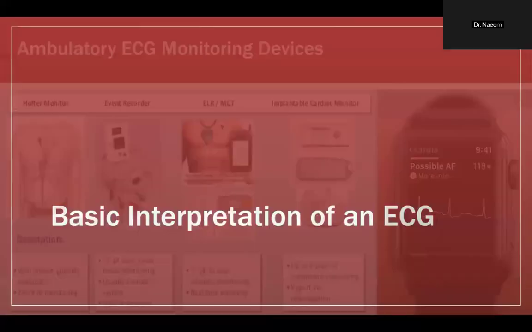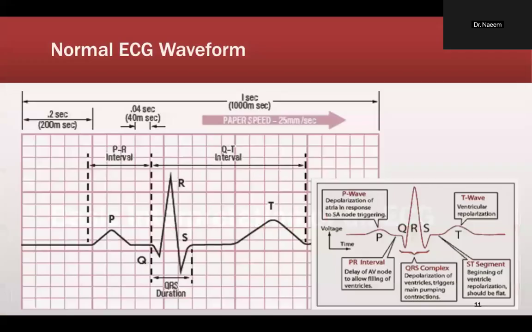So, basic interpretation of an ECG. This is what the strip looks like in a normal patient, and the aspects of the normal EKG, it's broken down. So you can see there's the P wave, the PR interval, QRS complex, ST segment, and the T wave.